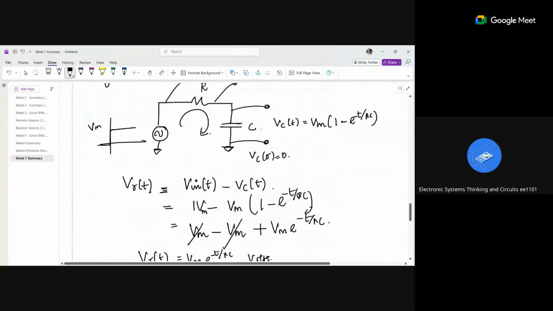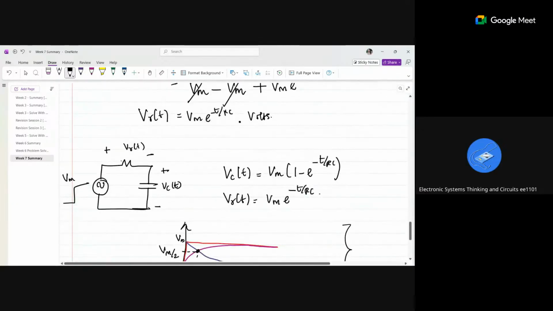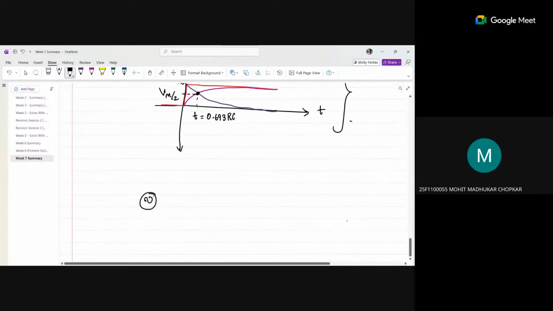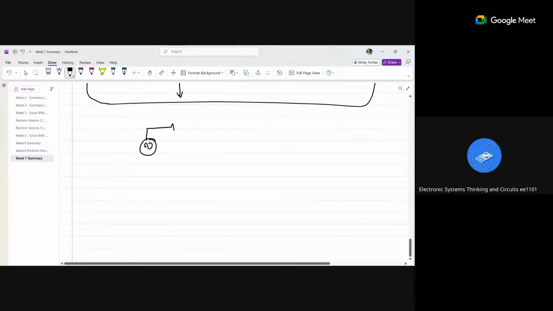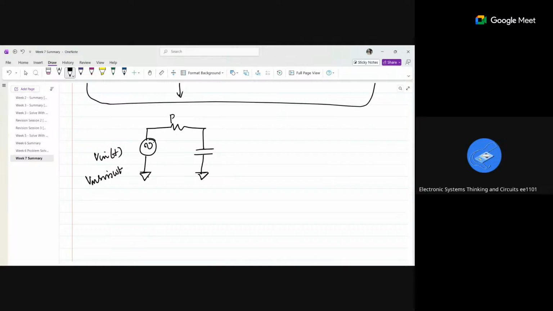Till now, what we saw is what happens to the voltage across the resistor when a step input is given. Now I am going to give a sine signal, Vin of t equals Vm sine omega t, to the RC circuit, and I am going to measure the voltage across the resistor.